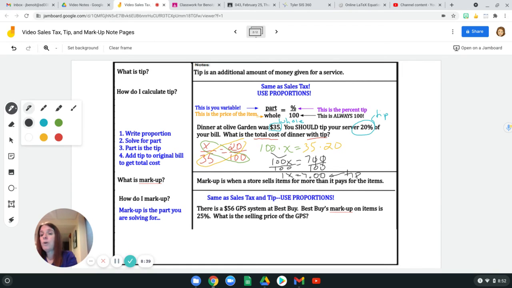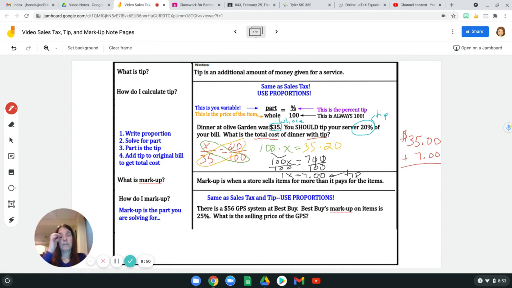Now to find the total cost, we take the price on our bill, which is $35, and we're going to add $7. Annex those zeros, make it look like money. Money goes to the hundredths place. So what I'm actually going to have to pay is $42, right?